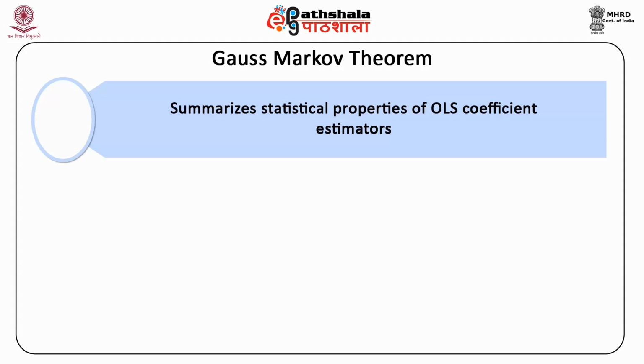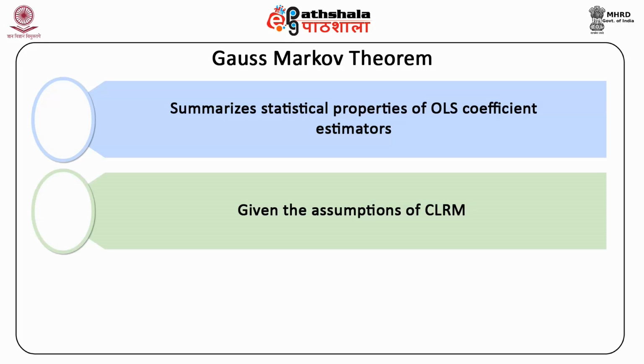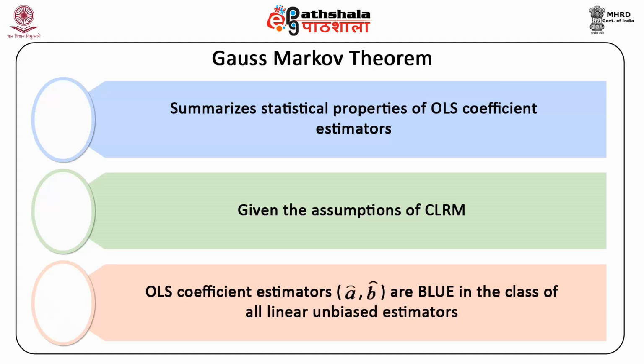The statement of Gauss-Markov theorem is: given the assumptions of the classical linear regression model, that is CLRM, the OLS coefficient estimators A hat and B hat are BLUE in the class of all linear unbiased estimators.